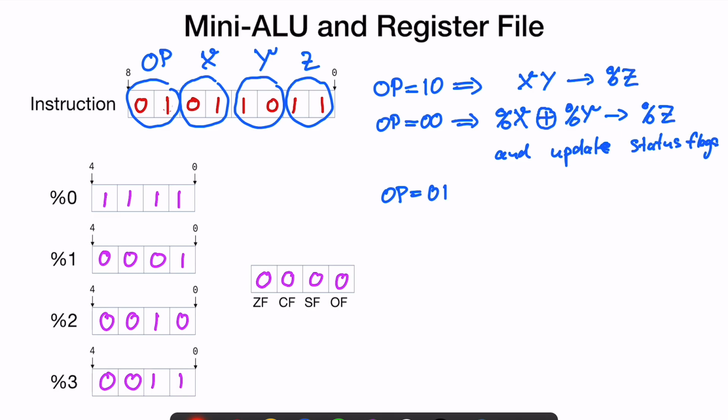We have the same format for the instruction. We do the subtraction: the content of register X minus, a 4-bit subtraction, the content of register Y, and we store the result in register Z and update the status flags.